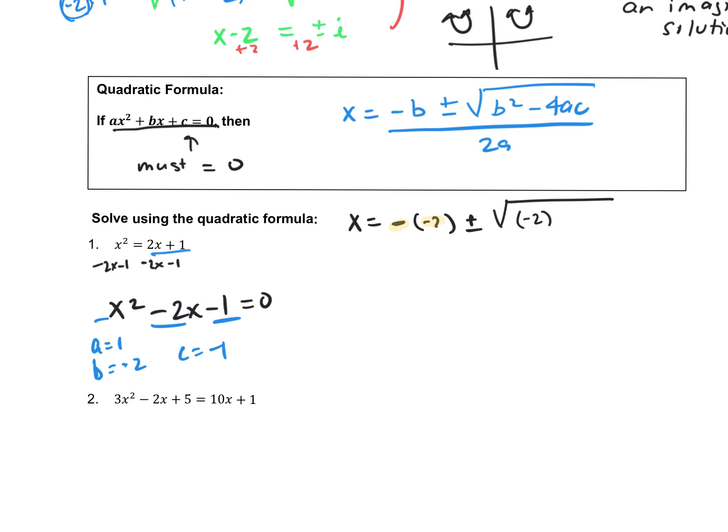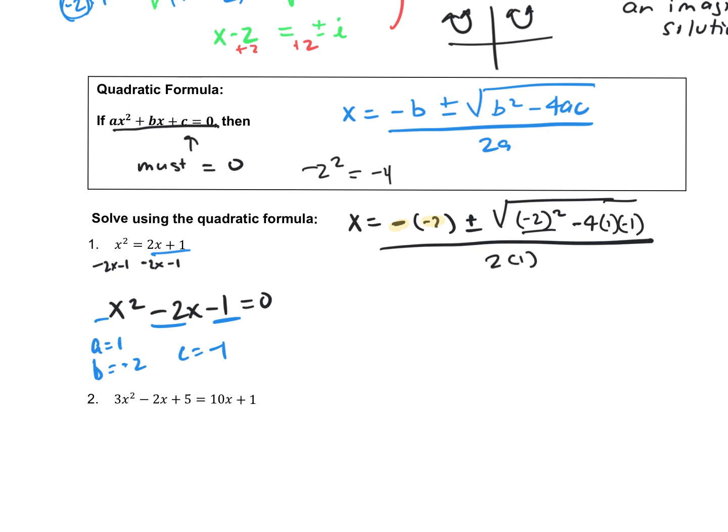Again, please be careful. If you wrote it this way and put it in your calculator, you'll get a -4. Well, it's not a -4. The negative is being squared, so please use caution. Minus 4 times a, which is 1, and c is -1, all over 2 times 1.